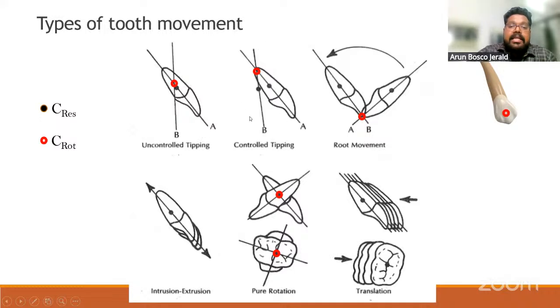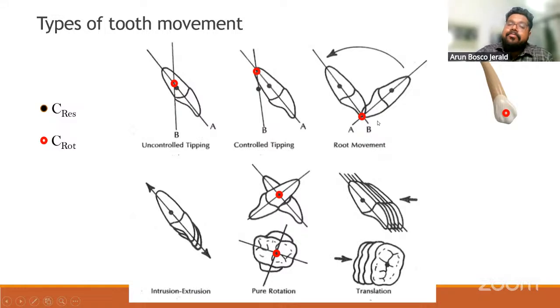And when you see this rotation, the center of rotation is near to the apex. So in controlled tipping, there will be more movement for the crown portion and minimal movement for the root portion. But the movements will be in opposite directions. And in case of controlled tipping, the center of rotation will be nearing the apex of the tooth.